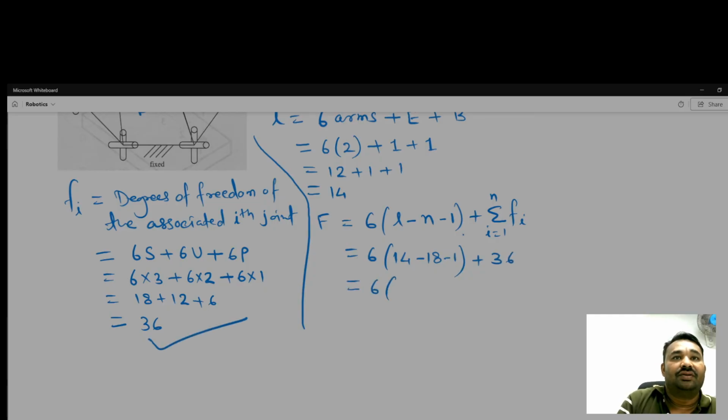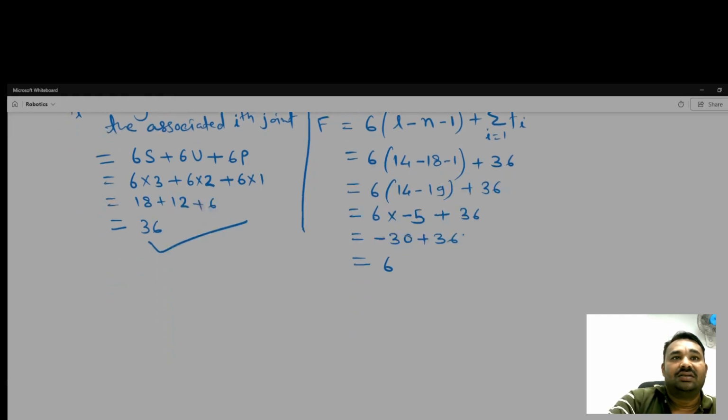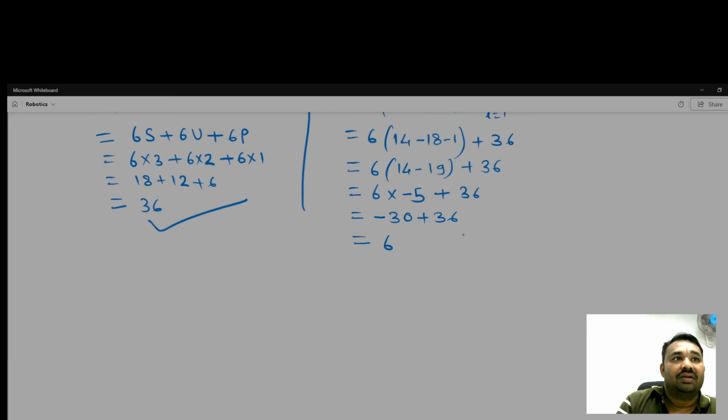So it is 6 (14 minus 19) plus 36, which is minus 30 plus 36, equal to 6. So the Stewart mechanism has 6 degrees of freedom.